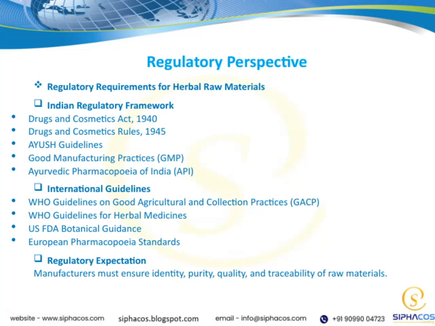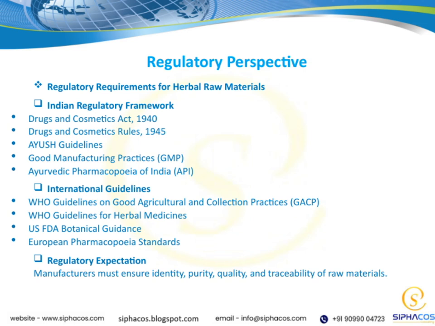Let's take a closer look at the regulatory perspective. When it comes to herbal raw materials, understanding the regulatory requirements is essential to ensure safety and efficacy. Starting with the Indian regulatory framework, we have the Drugs and Cosmetics Act of 1940, which forms the foundation for regulation. Alongside that, the Drugs and Cosmetics Rules of 1945 provide detailed guidelines.